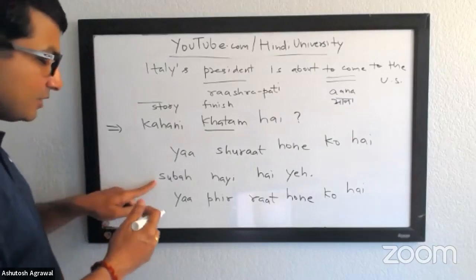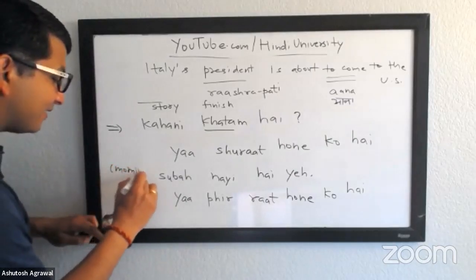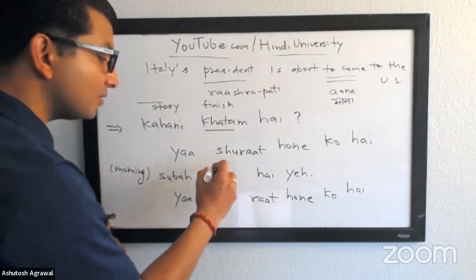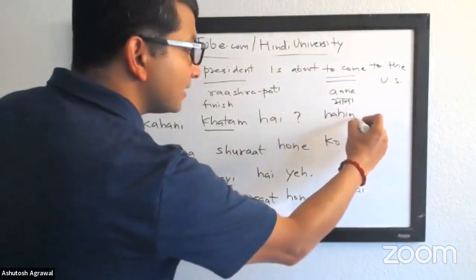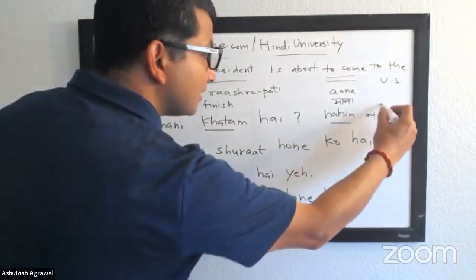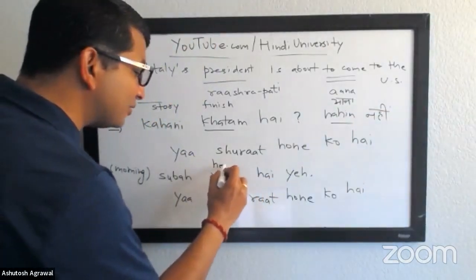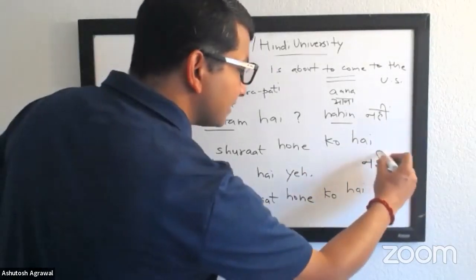Okay, next one. सुबह is morning. नई is new. It's not the nahi, which is negative. Sorry, new. It's because I'm writing in Roman script. So this one is nai, na, and then e.